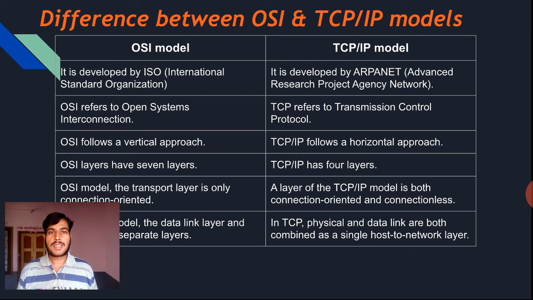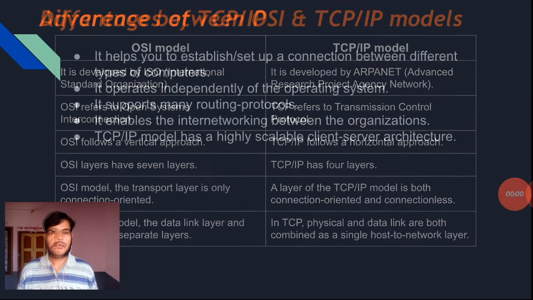The last difference is that in the OSI model, the data link layer and physical layer are implemented separately. These layers are separate in nature, but in TCP/IP the physical layer and the data link layer are combined as a single host-to-network layer, which we call the network access layer.